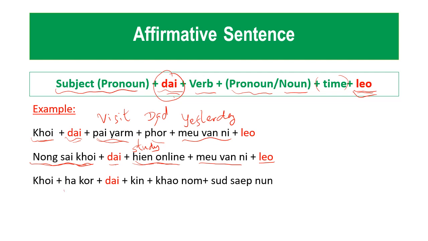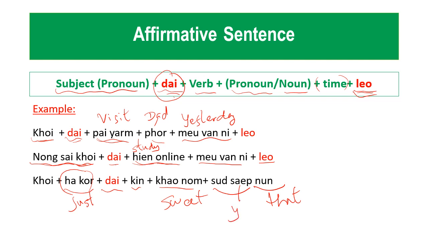ค่อยหากอ means just. When you just finish doing something, you can say this word. หากอได้กินขนม. ขนม means sweet or cookie or snack. สุดแซ่บ, super yummy. สุด means the most, แซ่บ means yummy. นั่น means that. ค่อยหากอได้กินขนมสุดแซ่บนั่น.